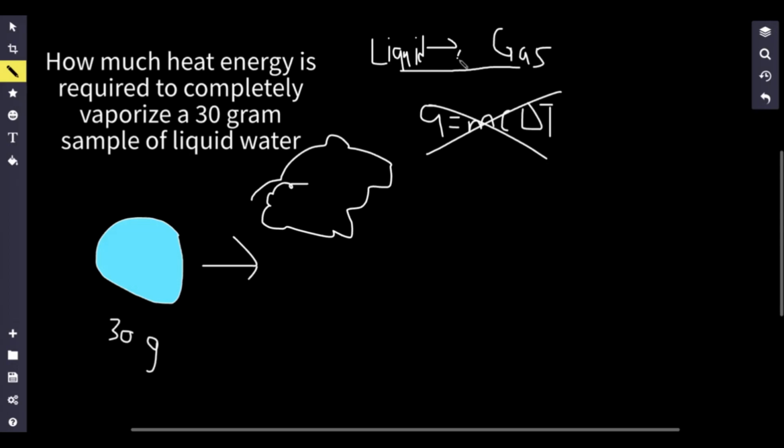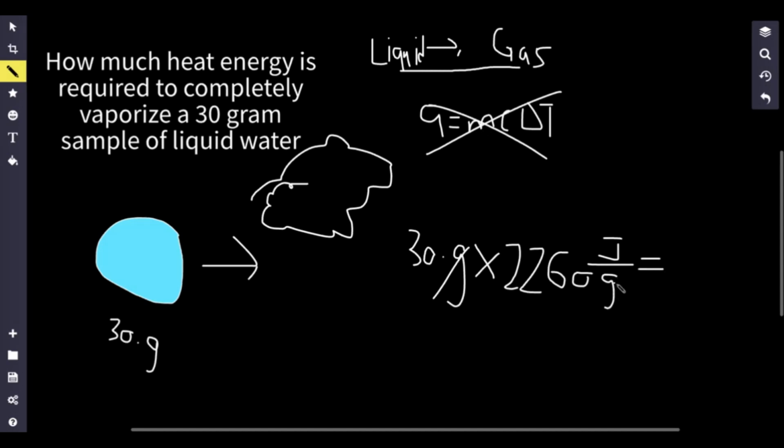Instead, we're going to use the heat of vaporization formula to solve this problem. And this is very similar to the heat of fusion. It's very easy. Just take 30. grams, I'm sorry, I forgot to put a decimal there, so the mass of your substance, and we multiply it by the heat of vaporization, which is 2260 joules divided by grams.